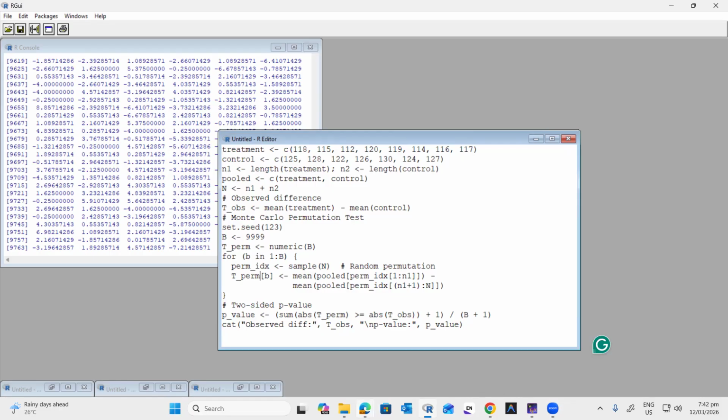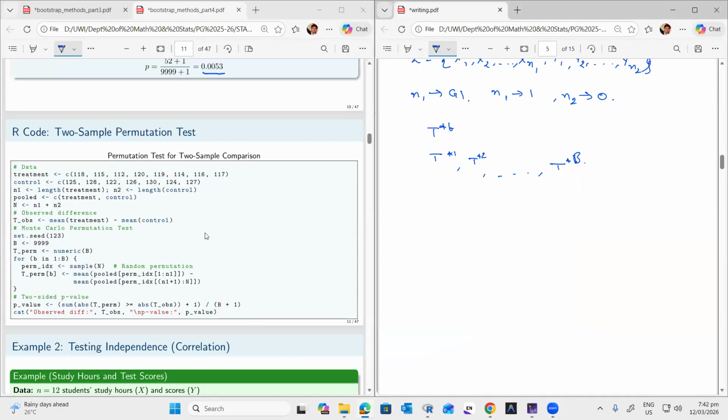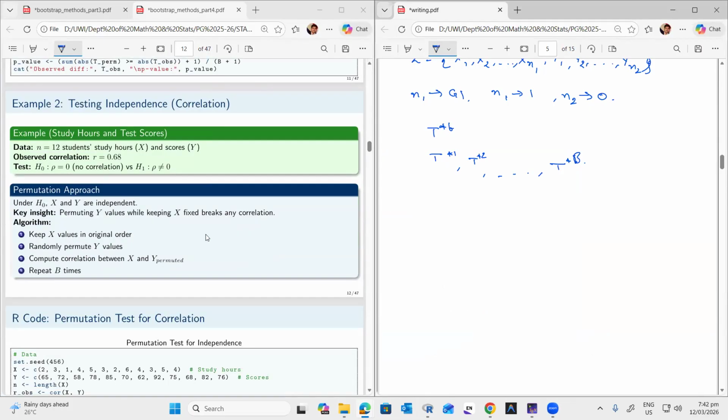Now we go for another correlation test that we discussed earlier, but this one is different. Here we have data of a total n equal to 12 students. In X we have the study hours, and in Y we have the score they got in the exam, and the observed correlation is 0.68.